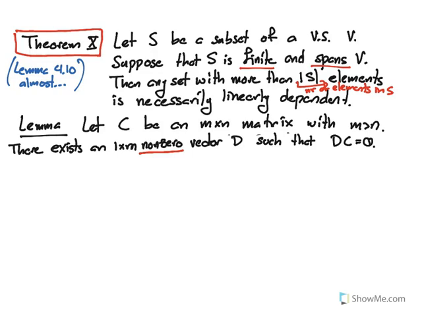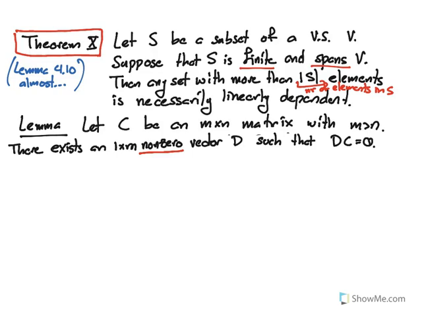In order to prove this, we will use a slight lemma that says this theorem holds true for Euclidean space. But it's a very simple technical lemma to prove, so we'll quickly prove the lemma and then use that to prove the theorem.